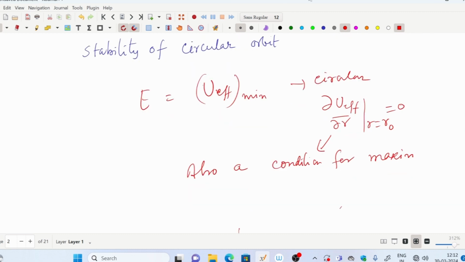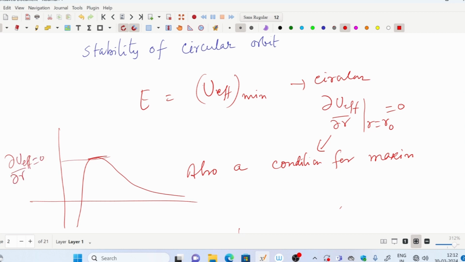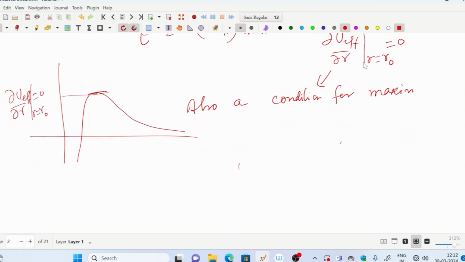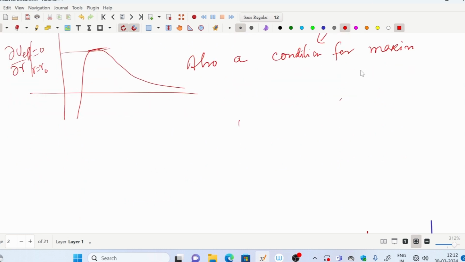For example, if you have a potential of this kind, then here also del U effective del R will be 0 at some value of R0. So the question we are going to address in today's lecture is when the circular orbit will be stable and when it will not be stable.